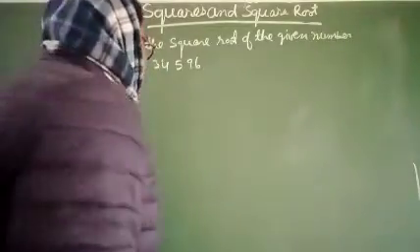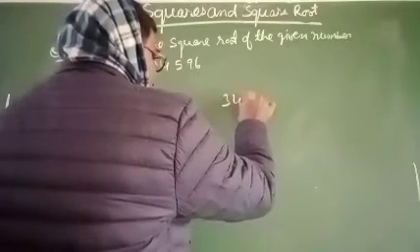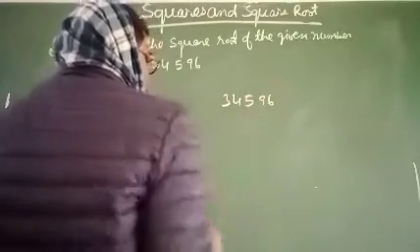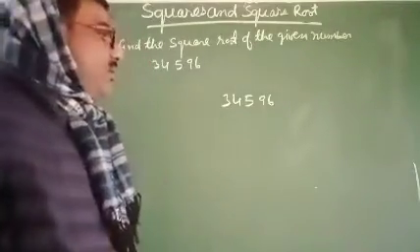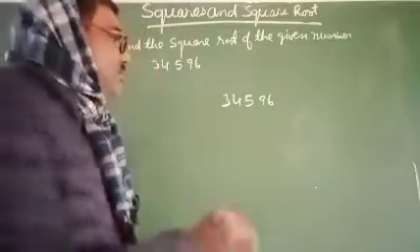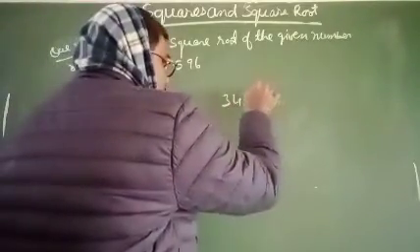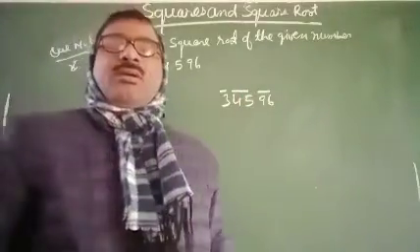So first of all, I will write the number 34,596 and make pairs from right hand side to left hand side. This is called a period.